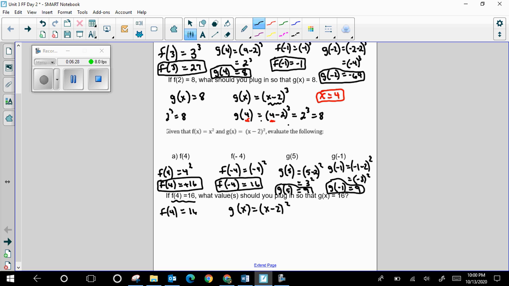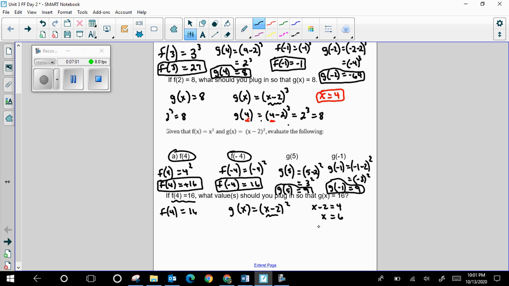So if you think about what I did up here, I can have this set of parentheses equal to 4, and then 4 squared is equal to 16. Or I can have that set of parentheses equal to negative 4, and negative 4 squared is also 16. So basically I need x minus 2 to equal 4. So in this case, x can be 6.